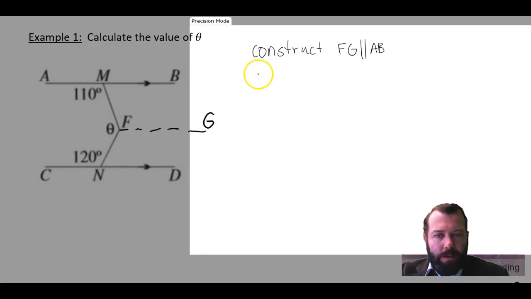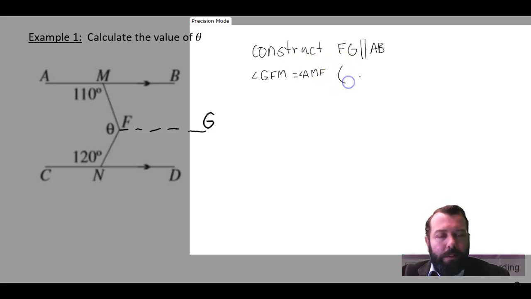And I will say that GFM, so I'll use this little angle symbol, GFM is equal to AMF. Oops, got my little angle symbol. AMF, you need that angle symbol or it might look like a triangle.